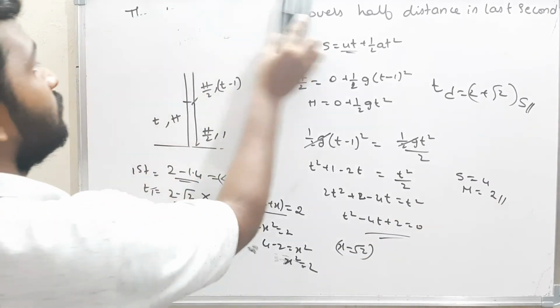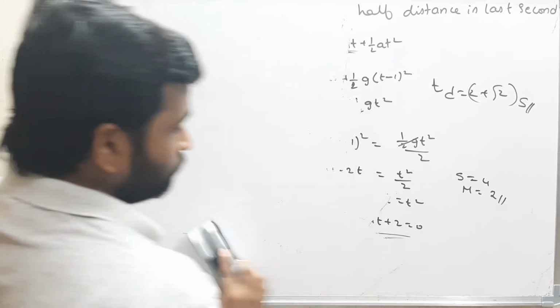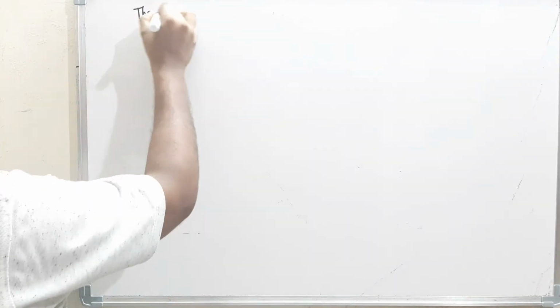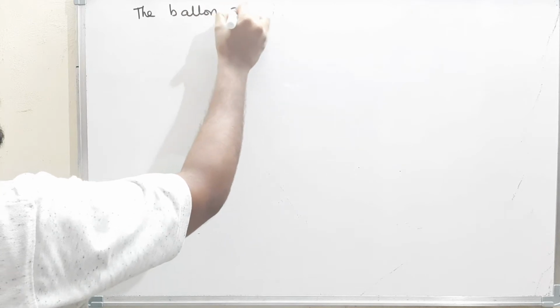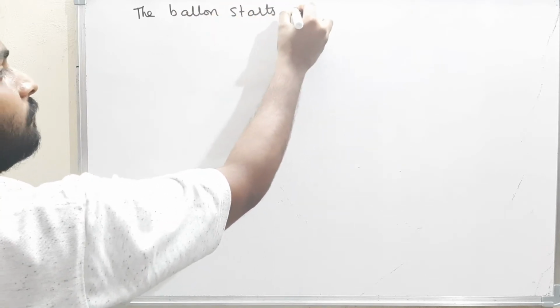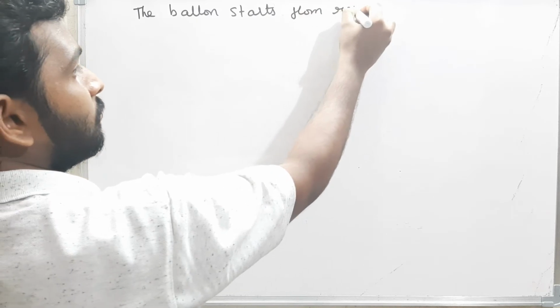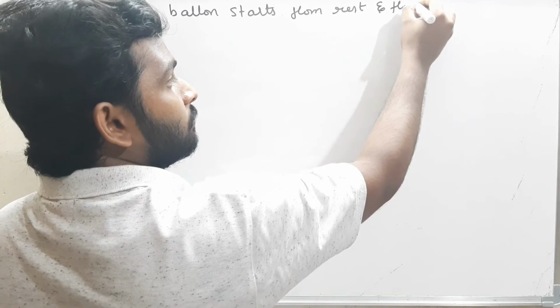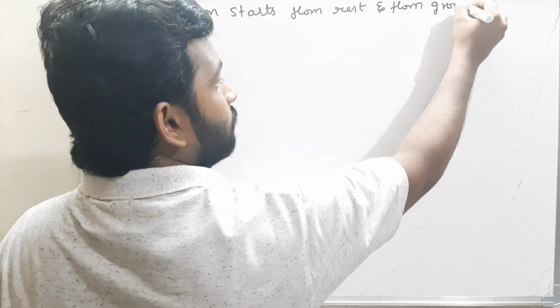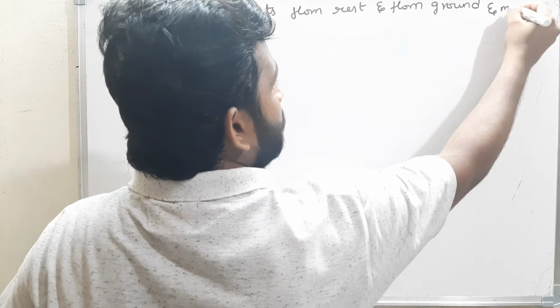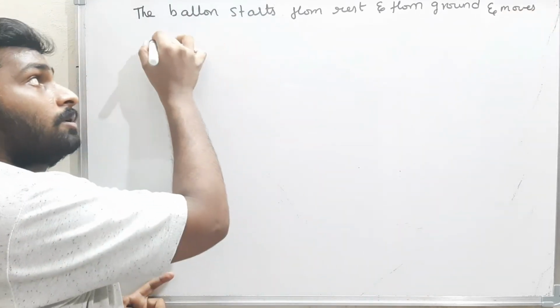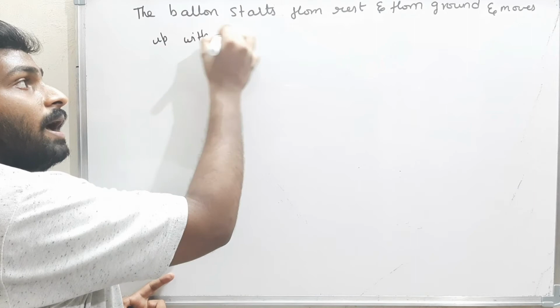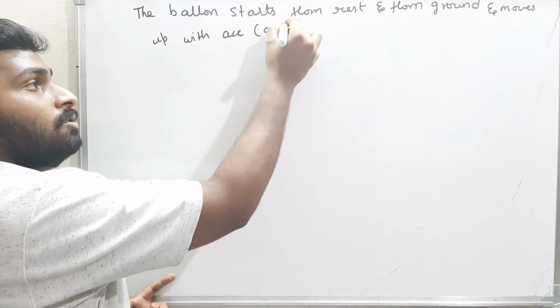What is the next question here? Okay, now see here. The balloon starts from rest and from ground and moves up with acceleration a is equal to g by 8.